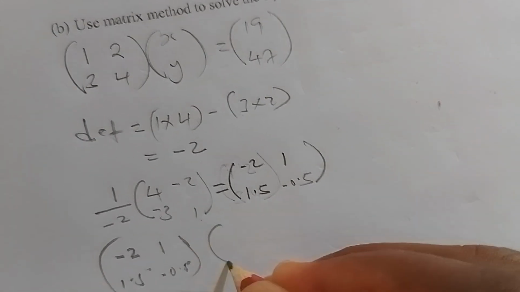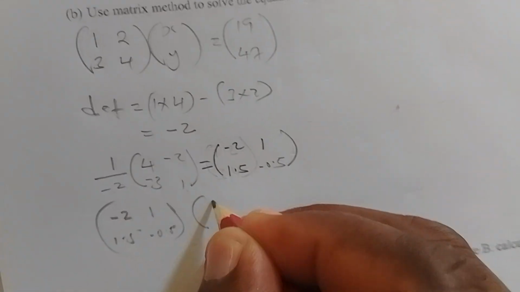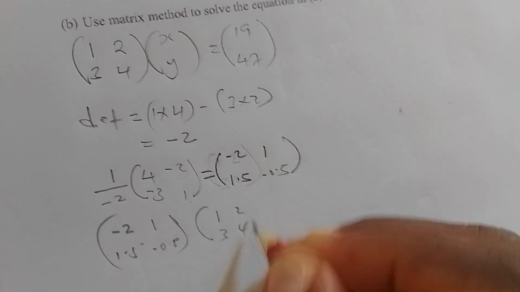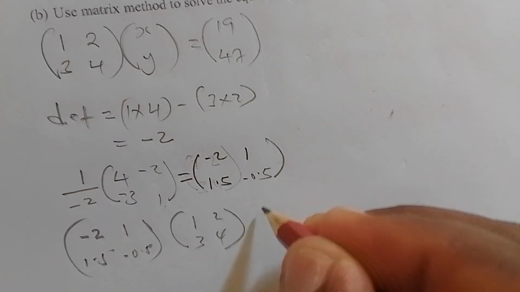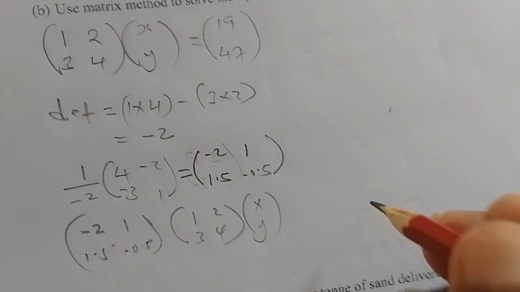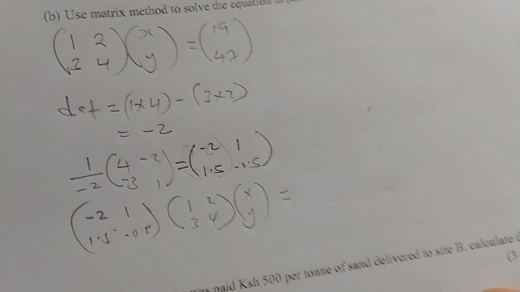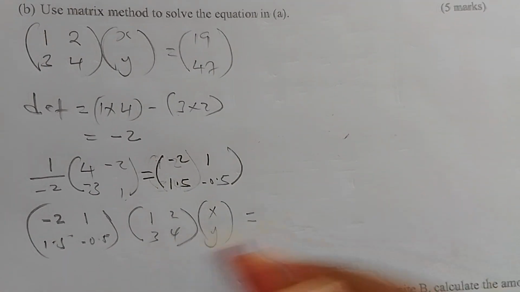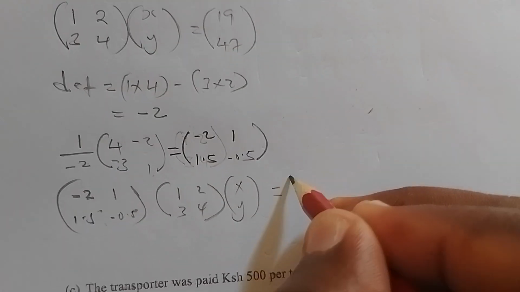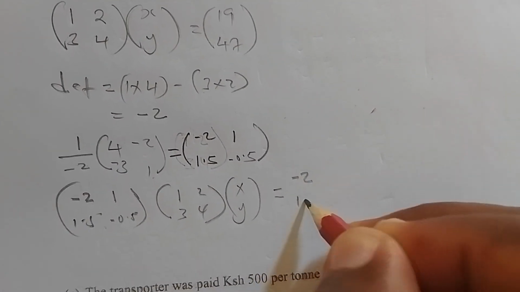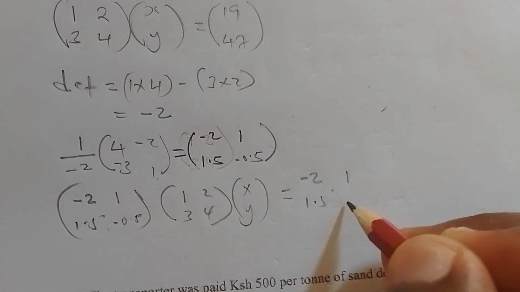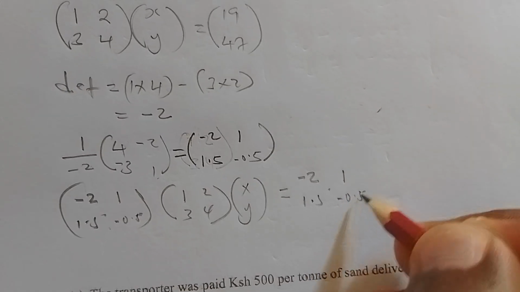So if we take this one now, minus 2, 1.5, 1 and minus 0.5, this is now what we multiply by the original matrix, which is 1, 2, 3, 4, and then our unknown variables x, y. Now this one should give us what? It should give us this. We just write this, learners: minus 2, 1.5, 1, and minus 0.5.